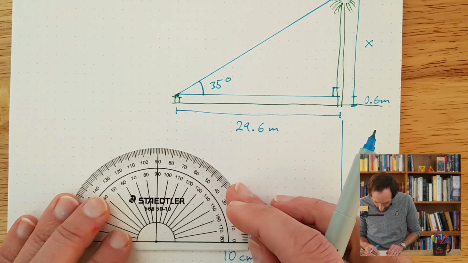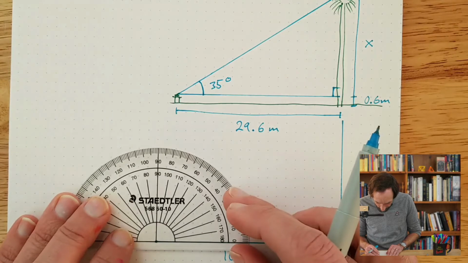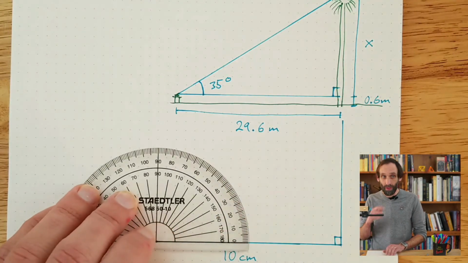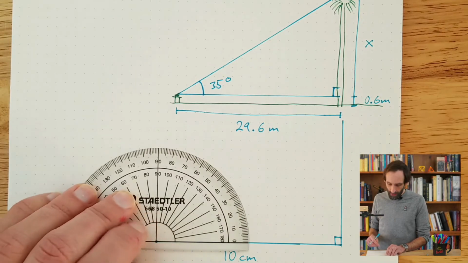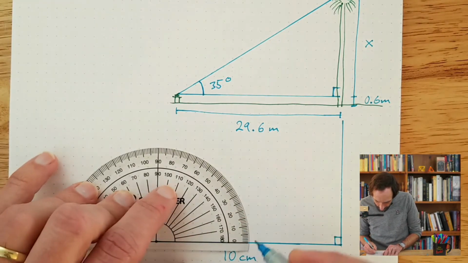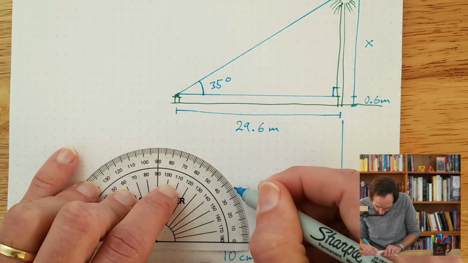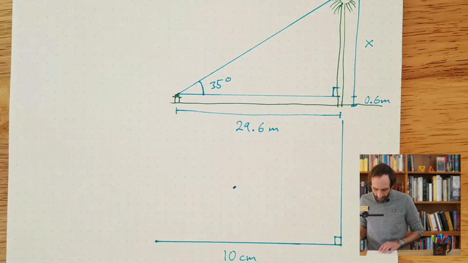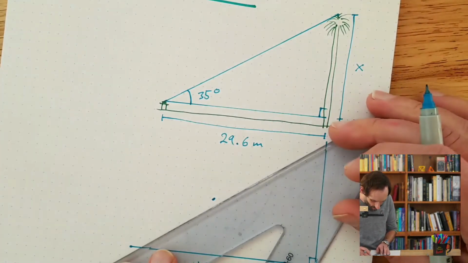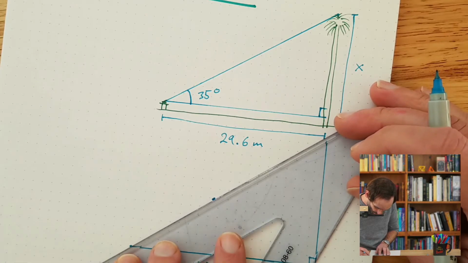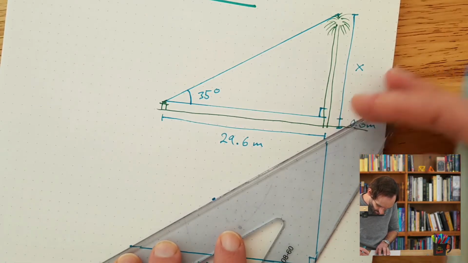If you don't know how to use a protractor, there are videos and plenty of resources out there, including other videos right here on YouTube. But I'm going to line up my protractor and mark right here at 35 degrees. Then I can use my straight edge. And it looks like I didn't draw my perpendicular quite high enough, so I'll have to extend it.